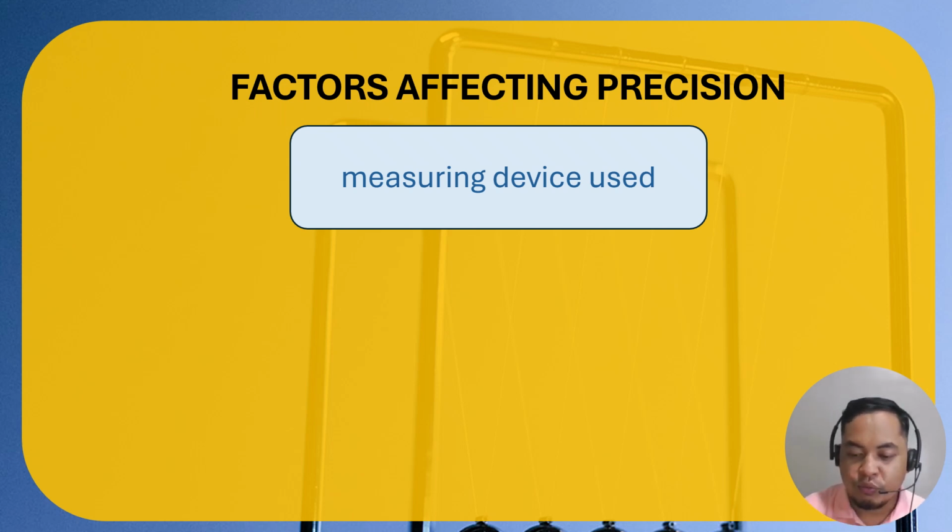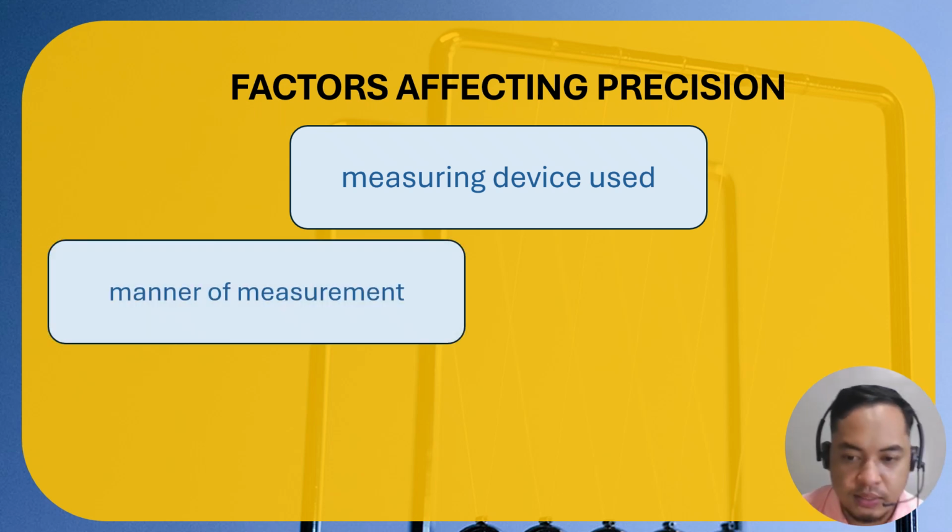That is why before doing the experiment, you really have to recalibrate every apparatus you're using. Especially, you have to check the calibration, if it's clear, visible, or easy to observe. For example, if you're using a balance scale, you really have to set it to zero before you do the experimentation.